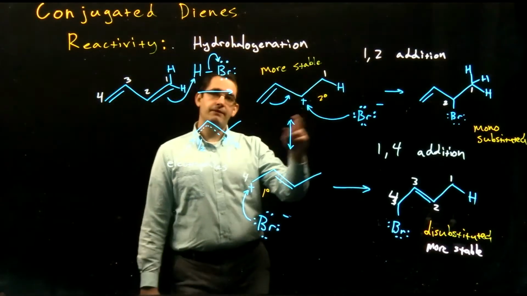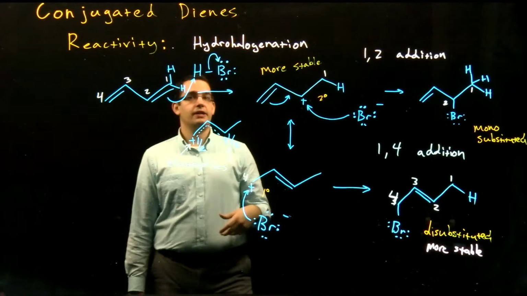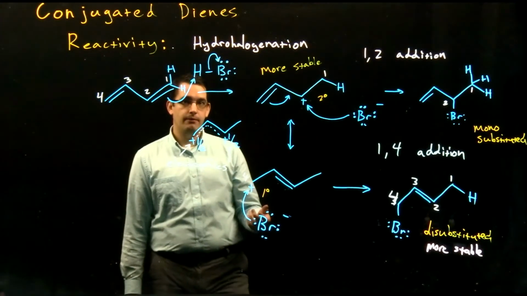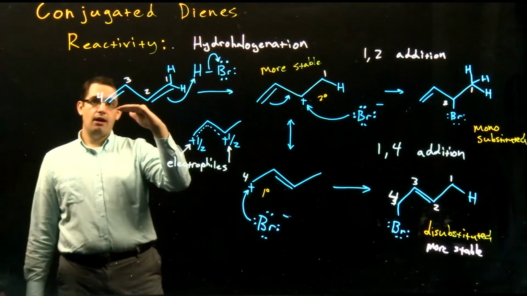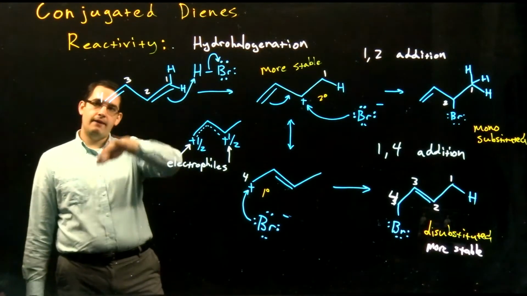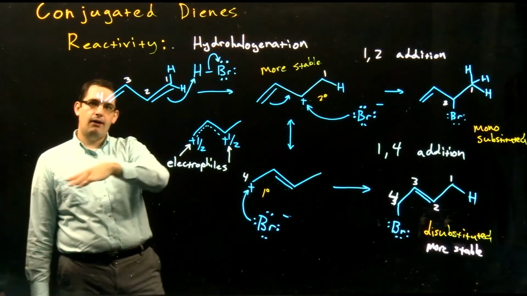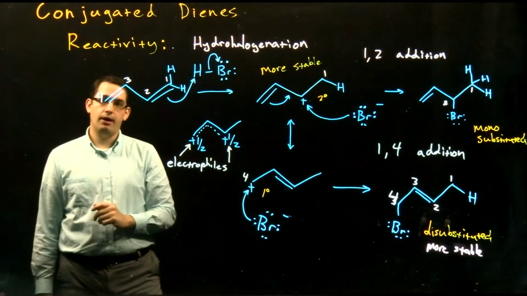Now, as we've seen previously, when our intermediate is more stable, that will actually speed up our reaction. Right? So the stability of the intermediate determines the height of our transition state on our energy diagram. And of course, the height of that transition state tells us how likely we are to have enough energy to get over that hill and get down to our product.